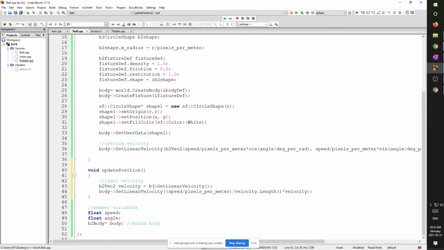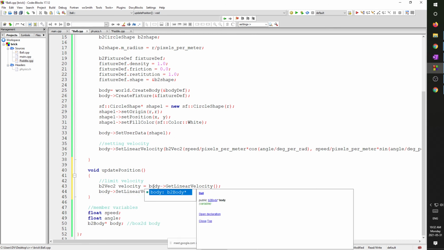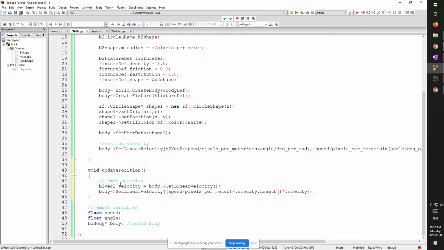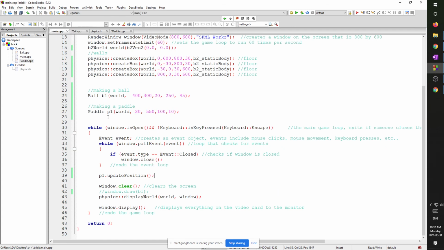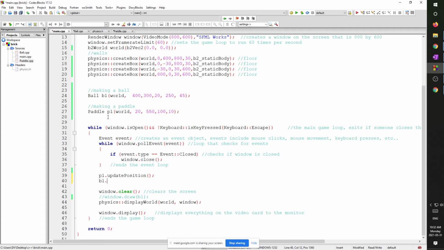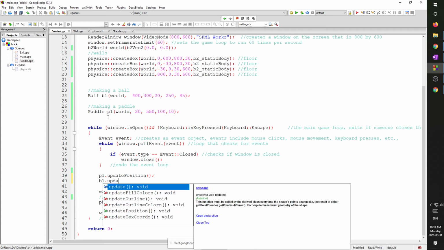And here I'll write the word body as well. And that should limit the velocity of my ball, as long as I call that update position every frame. And look, it already has the word speed in there, and I have my command as speed, so that's good. So why don't we update the position of our ball every frame to update position.